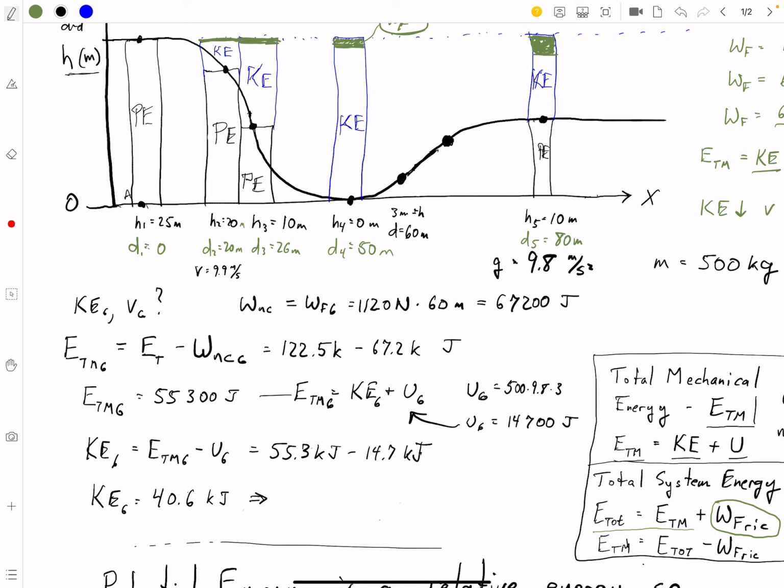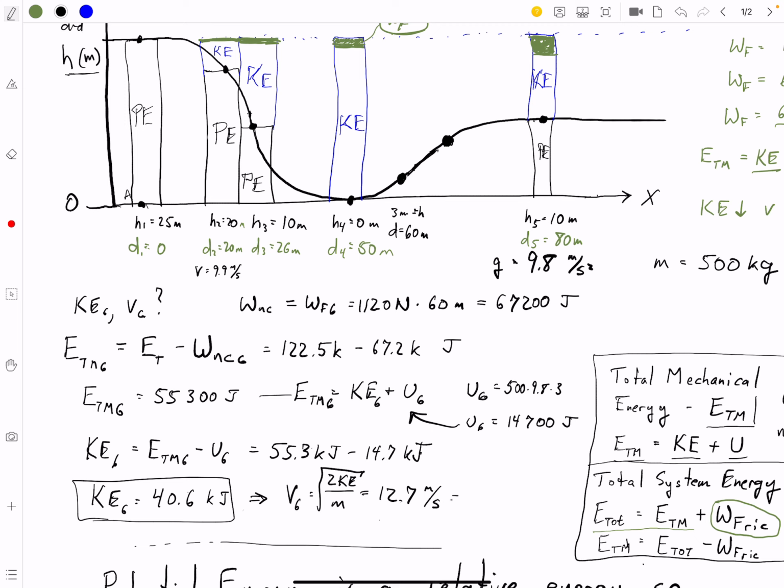Now there's one thing. What does that equate to in velocity? Our V6 is equal to the square root of 2 times kinetic energy over our mass. I'm not going to walk you through all the numbers. I've got it right here. It's 12.7 meters per second.